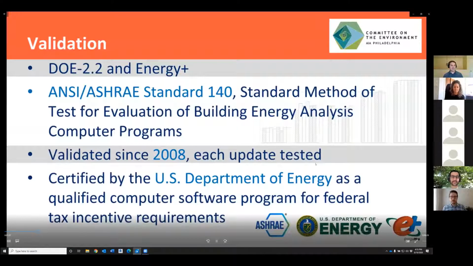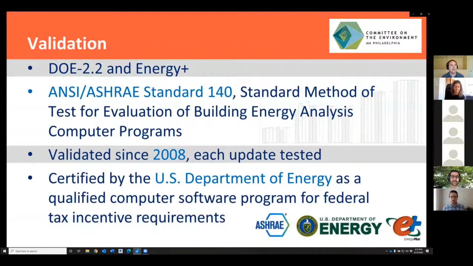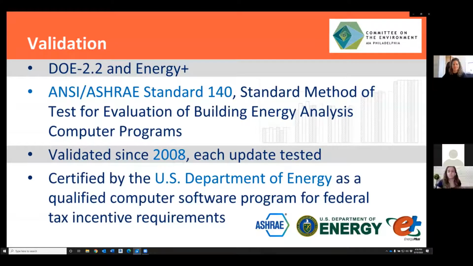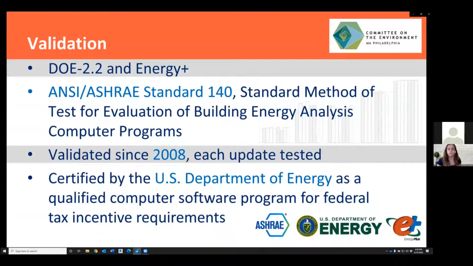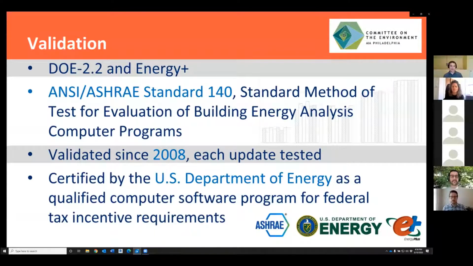One of the first things that people ask when you talk about energy modeling, and rightly so, is it accurate? So the next couple of slides are going to talk about validation. Insight, which on the back end uses Green Building Studio, uses DOE 2.2 as its energy modeling engine.